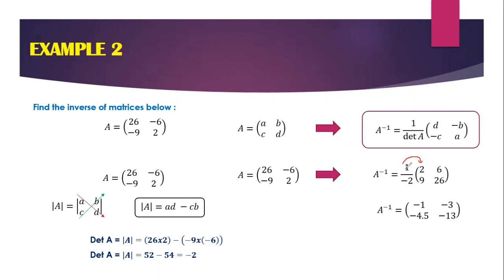So minus a half times 2 is minus 1, minus a half times 6 is minus 3, right? Minus a half times 9 is minus 4.5, and minus a half times 26 is minus 13.